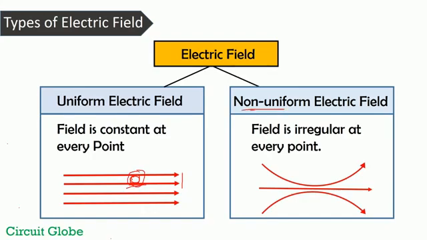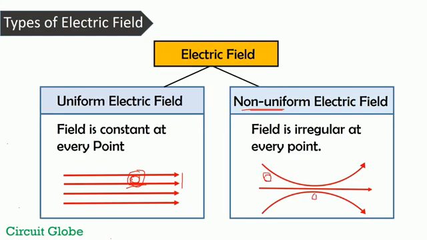But in case of non-uniform electric field, here you can see the lines are unequally displaced from each other, and also they are not parallel to each other. So if we are placing charged particle in non-uniform electric field, then they experience the force of different magnitude.